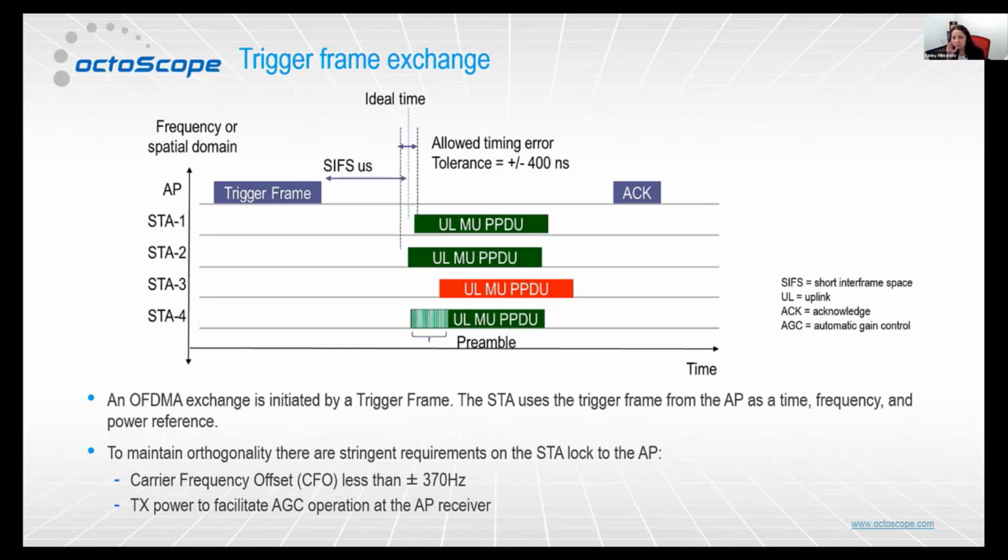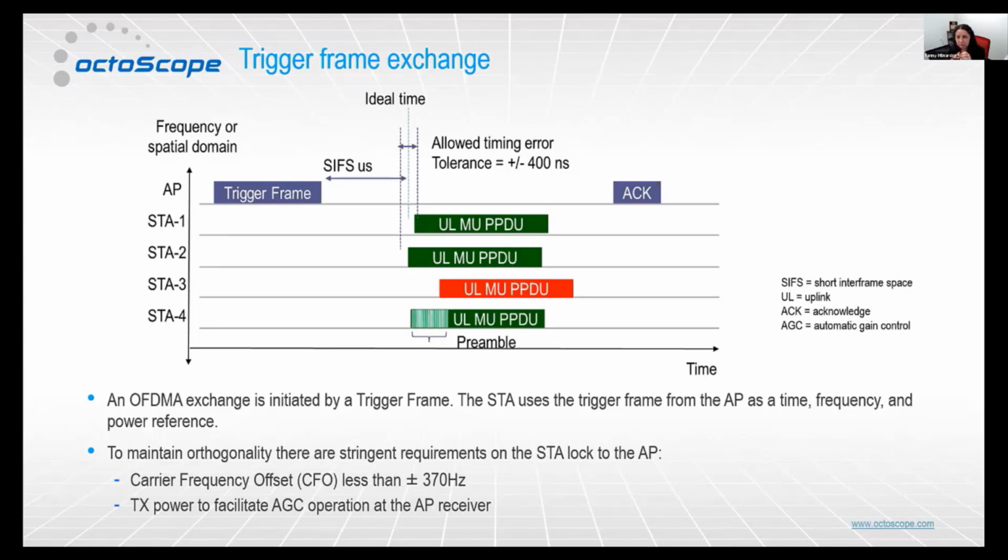Okay, there's another related question. In uplink OFDMA, does each station send its own preamble? So the answer is yes, but there is also a common legacy preamble, which is on a previous slide, I think. But you can see on this slide, once the OFDMA is all negotiated, then each station sends its own OFDMA preamble.